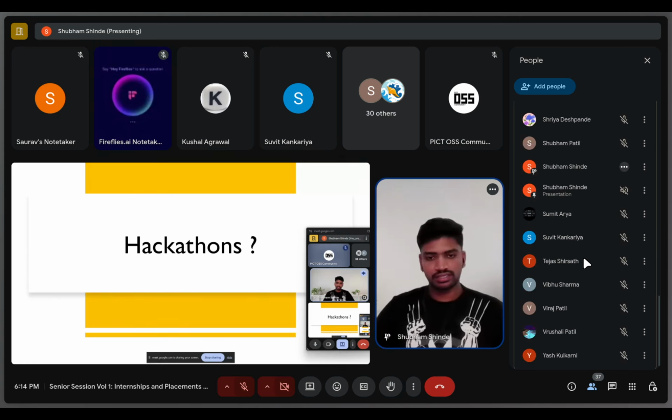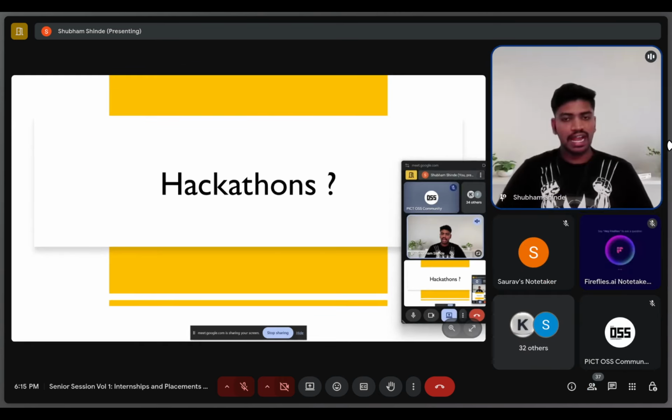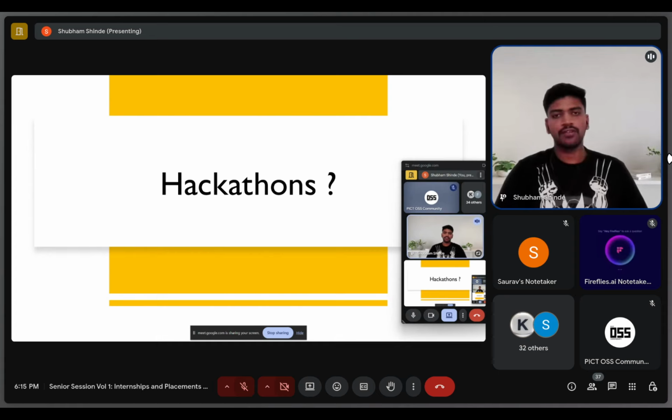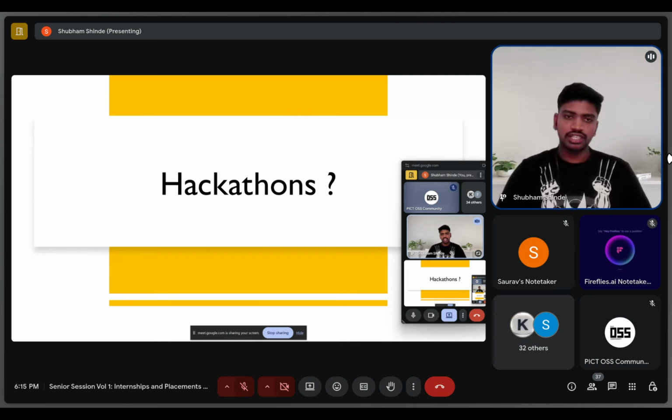Basically they are just trying to identify your communication skills and how you think about the problem. Like if you are given a problem statement to develop a portal for an NGO, they are just checking your thoughts about how the portal is useful for the NGO. So there are different types of problem statements in hackathons.